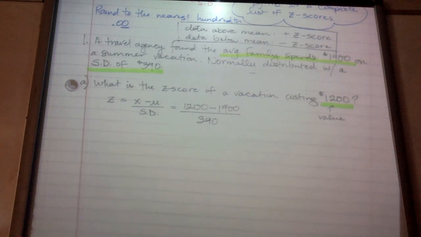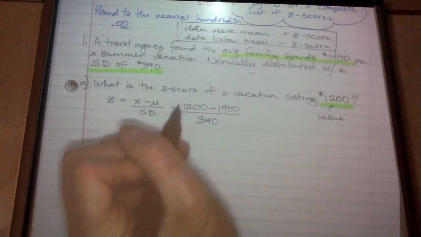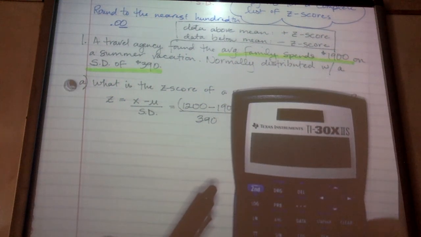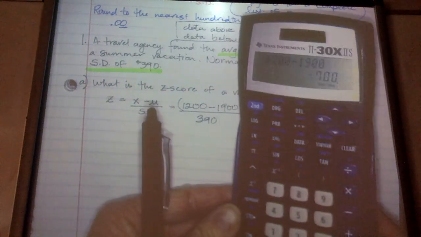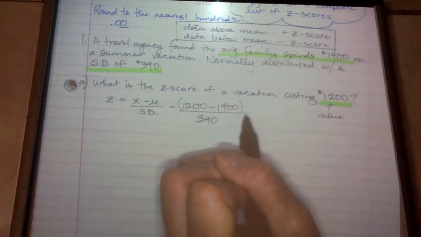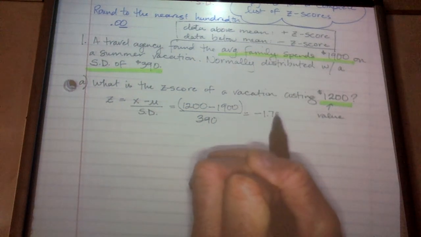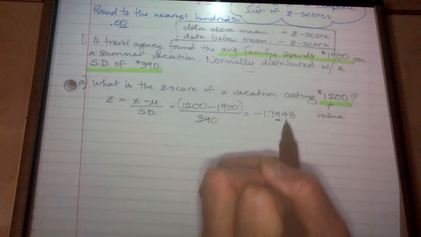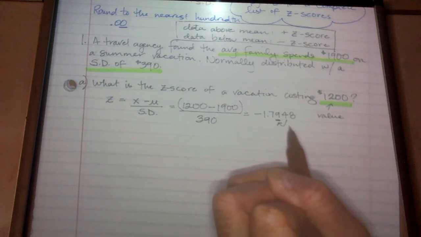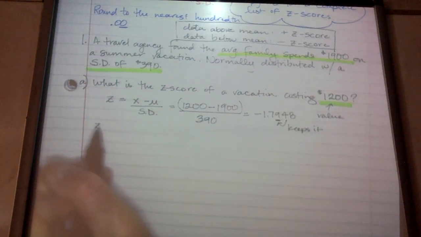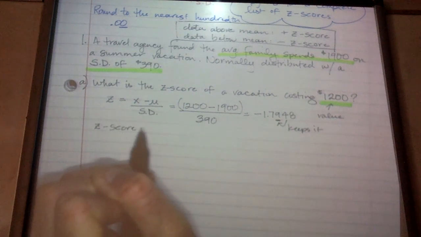From here, it's a simple calculation in our calculator. Make sure you do the top first. So 1,200 minus 1,900 is negative 700, divided by 390, and I got negative 1.7948. Now I need to round to the nearest hundredth. 4 keeps it. So my z-score is negative 1.79.